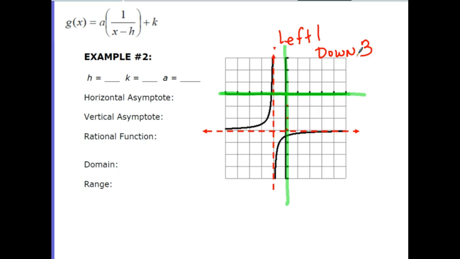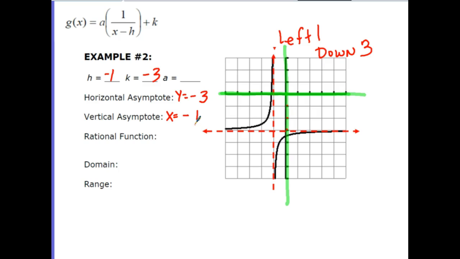So left 1 and down 3. We'll get back to the A in a minute. This horizontal asymptote crosses the y-axis at -3. This vertical asymptote crosses the x-axis at -1.